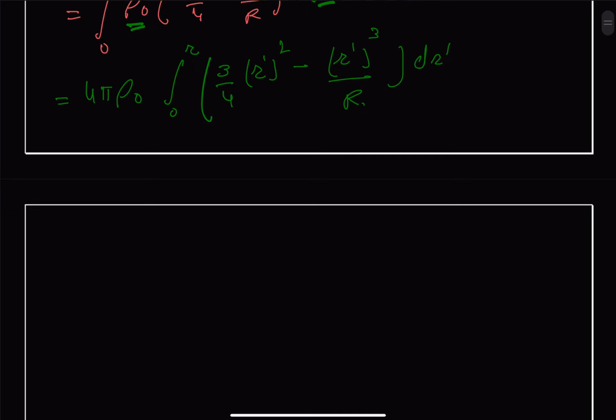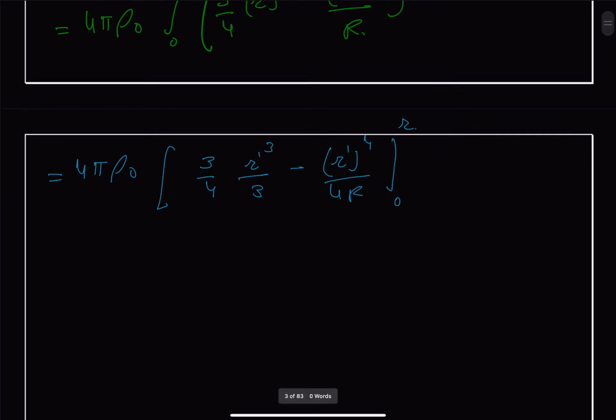Now we are going to simply integrate it, and we get 4 pi rho naught times 3 by 4 r prime cube divided by 3 minus r prime to the 4 divided by 4R, and limits are from 0 to r.